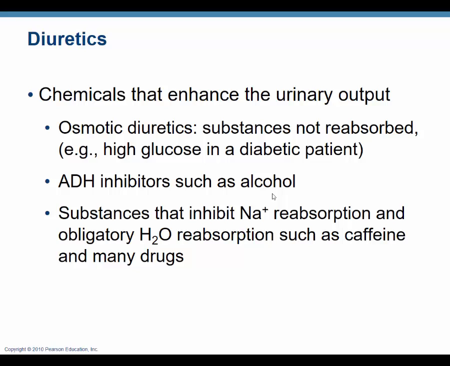Isn't that odd? And mellitus means honey, so it's sweet tasting urine, like I talked about in lab. That's how they used to test for diabetes mellitus versus diabetes insipidus, because both cause extreme urination. In diabetes mellitus, the urine is sugary, whereas in diabetes insipidus, it's watery.